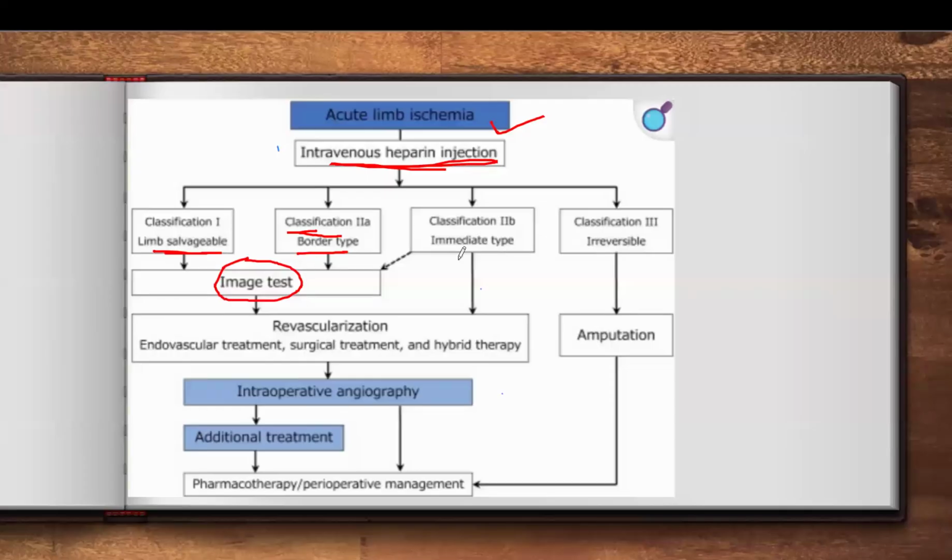If it is an immediately threatened limb, then we can do imaging, but we are doing the revascularization, which is the endovascular treatment, or surgery or hybrid therapy can be done. But if it is irreversible, amputation is the treatment of choice.